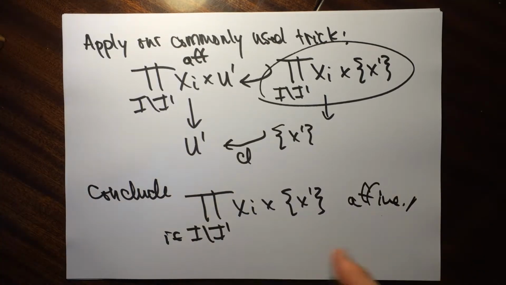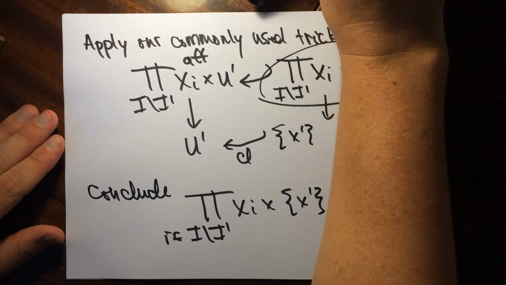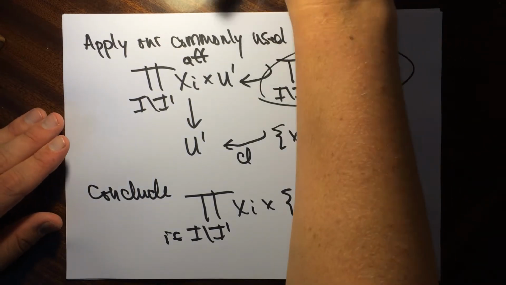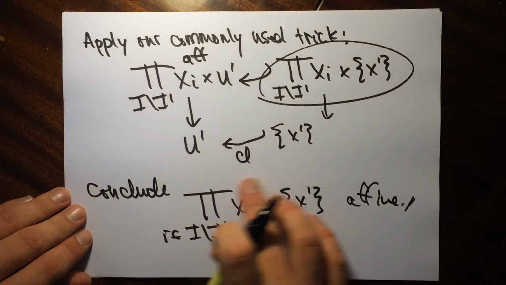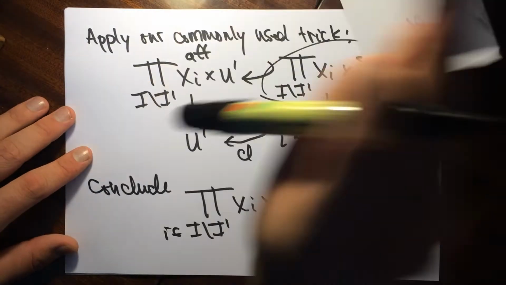Okay, and so this was enough to show by this FPQC descent for this here. This was enough to prove that this was affine.